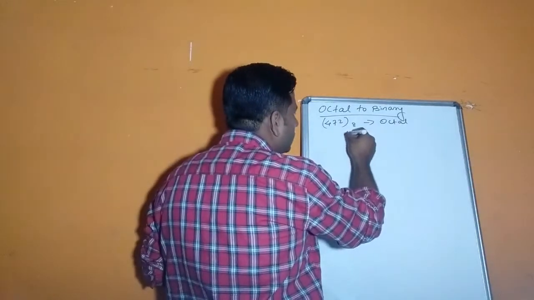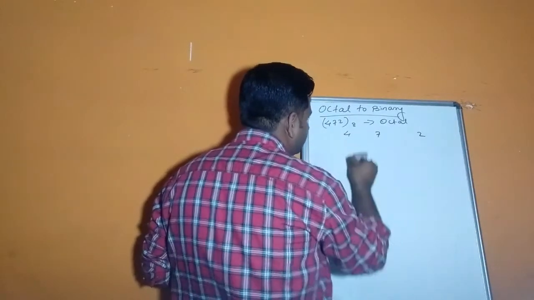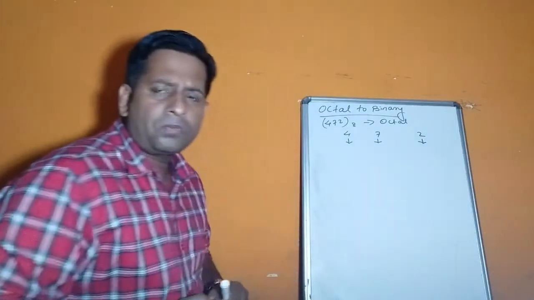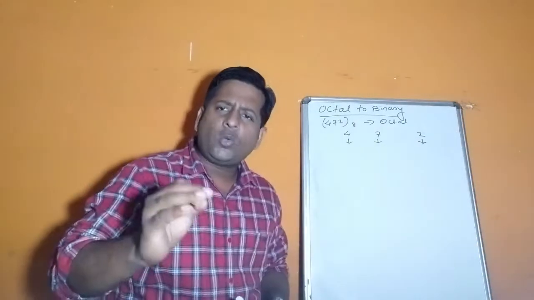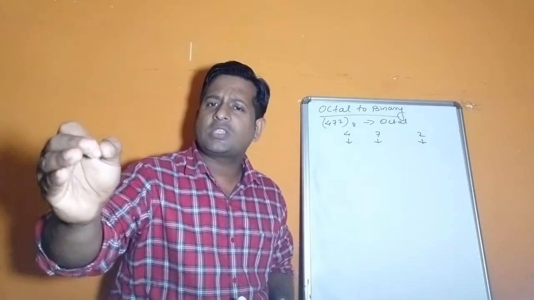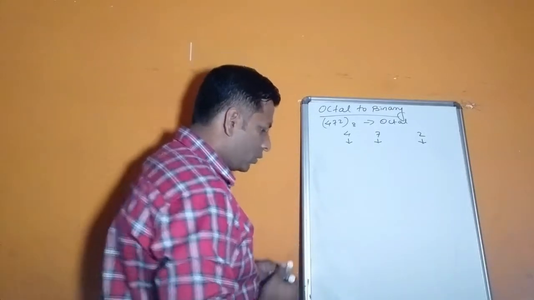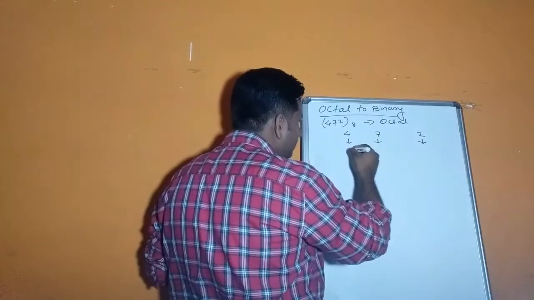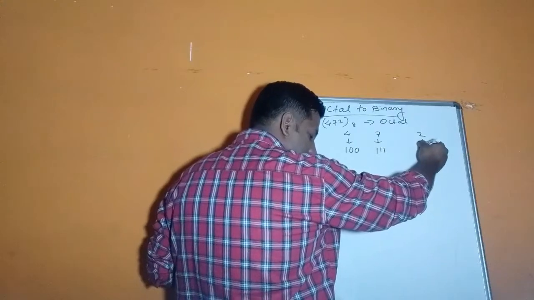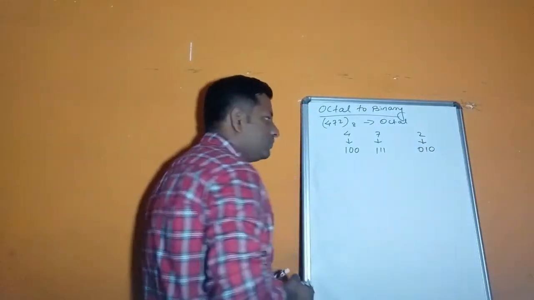So what we'll do is we'll separate this 472. Just now we have learned how a decimal number can be converted to binary form. Use the same technique. You'll find 4 is 100, 7 is 111, 2 is 010.